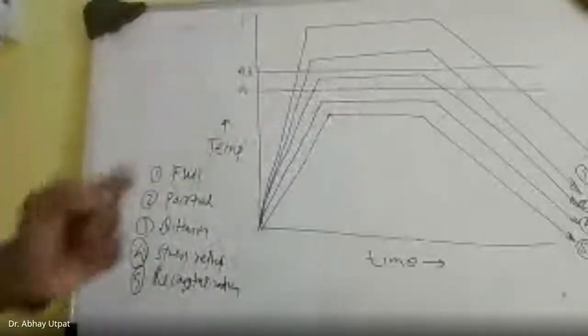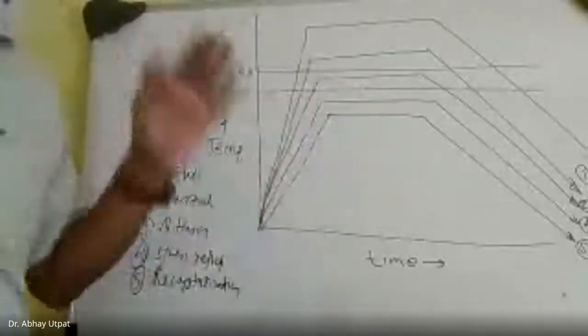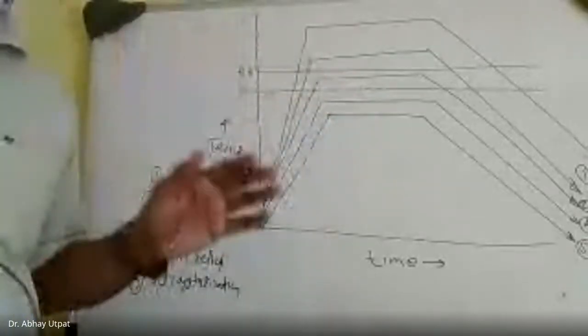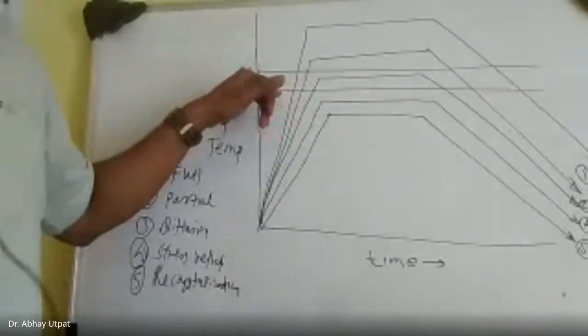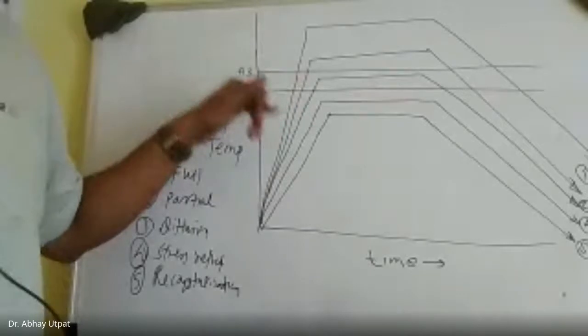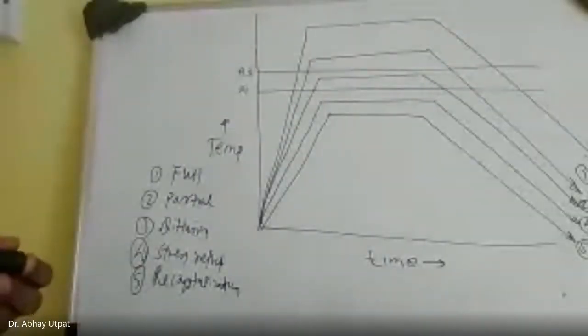Underline this word; yesterday only I told you. Why subcritical? Because you are heating below the A1 temperature. If you cross the A1 temperature, then that will not be subcritical. Sub means below.